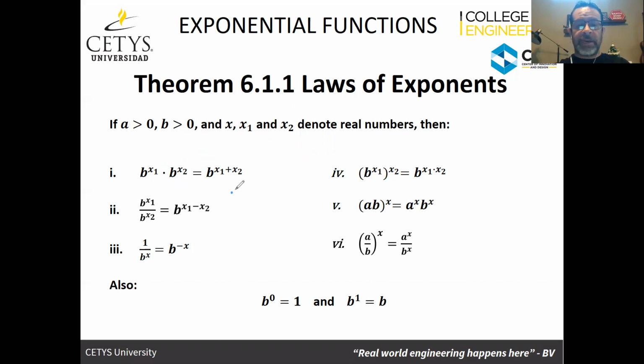So for example, if I have 2 elevated to the 5 divided by 2 elevated to the, I don't know, 3, then what we're going to have here is the same base, which is 2. 5 minus 3 is 2. So they are subtracted. And again, in this example, 2 is the base.